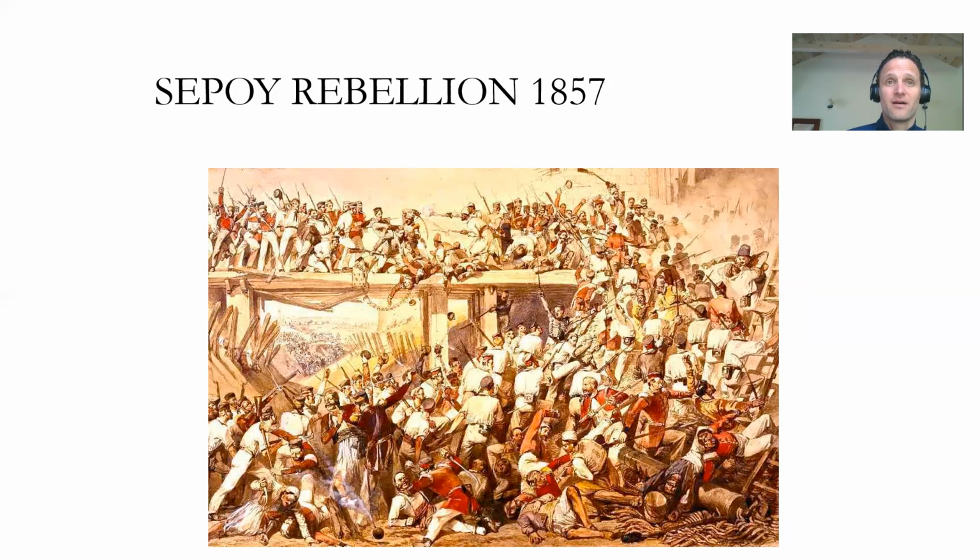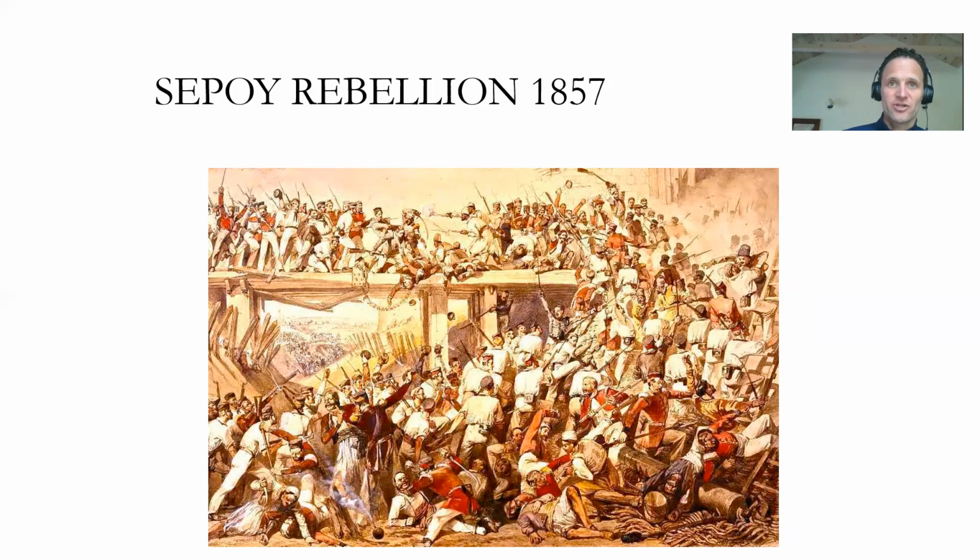And then a couple of triggers of this rebellion were the British giving them bullets that were greased with pig fat or cow fat, which offended both Muslims and Hindus.